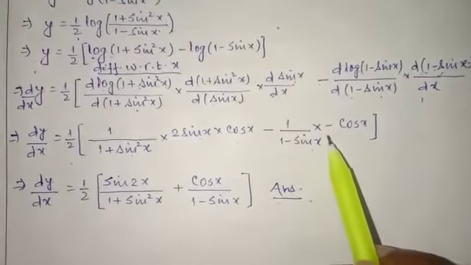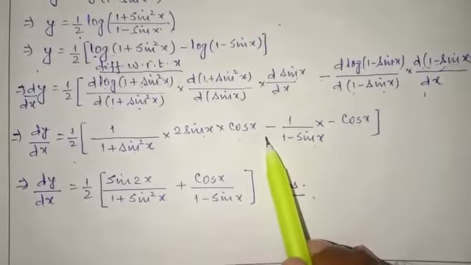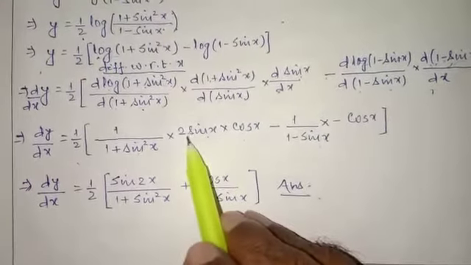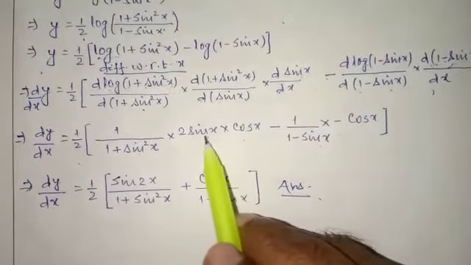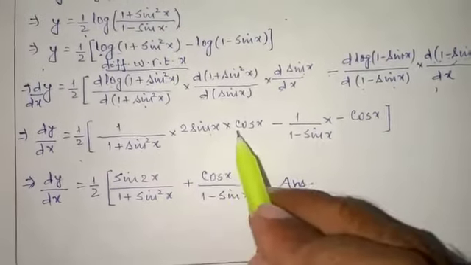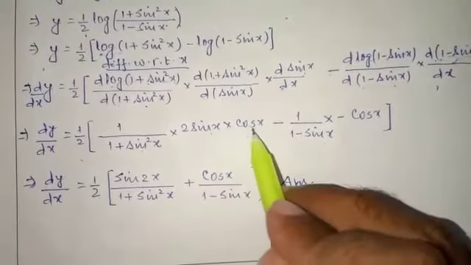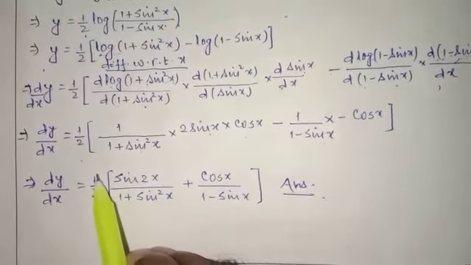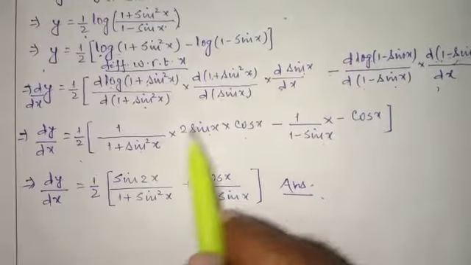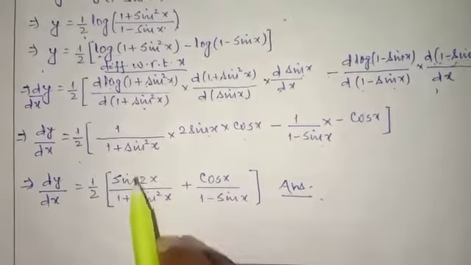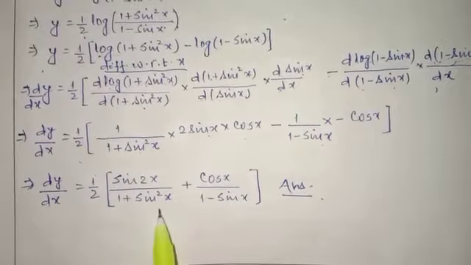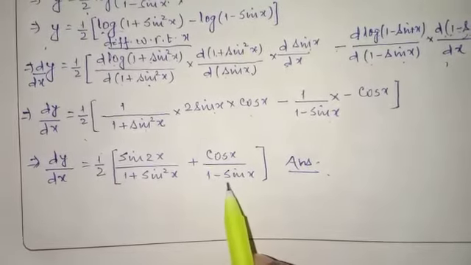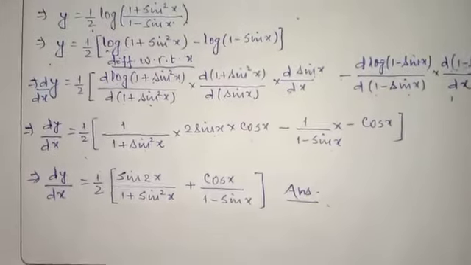So now minus and minus together become plus, and 2 sin x into cos x is the formula for sin 2x. So dy by dx is equal to 1 by 2 times sin 2x divided by 1 plus sin square x plus cos x divided by 1 minus sin x.